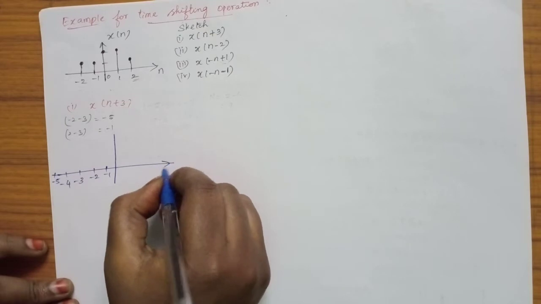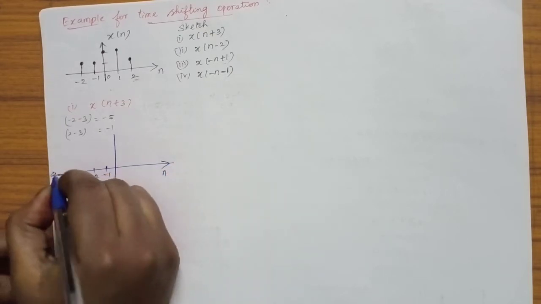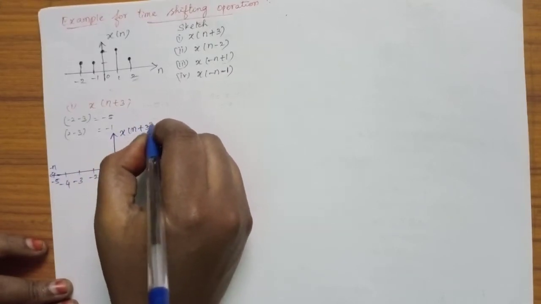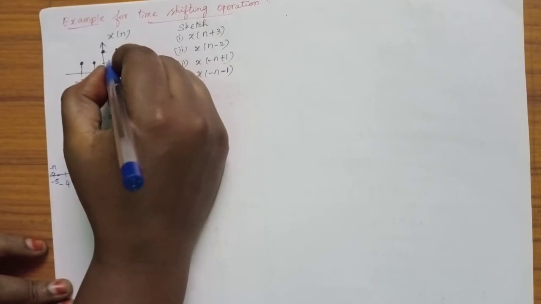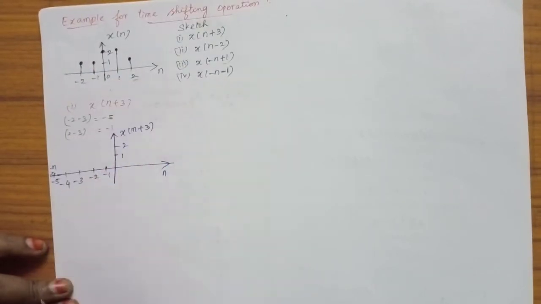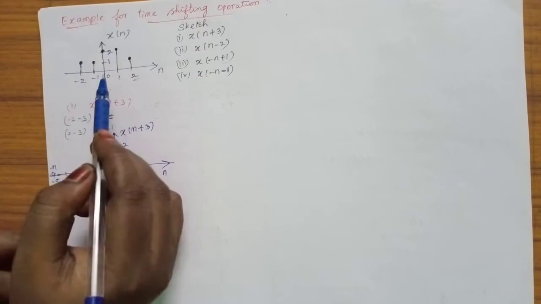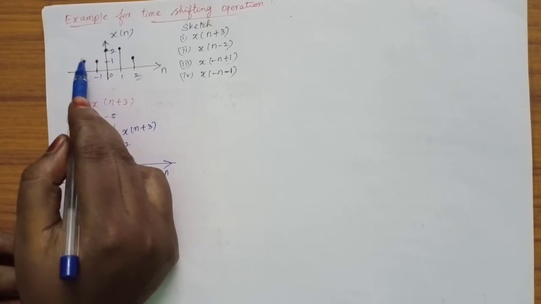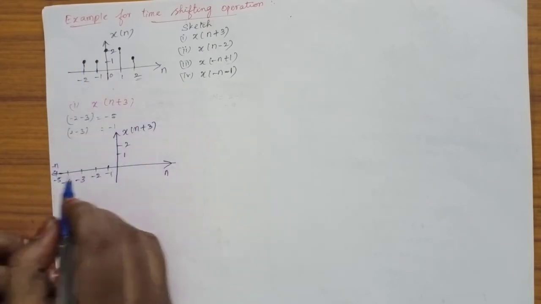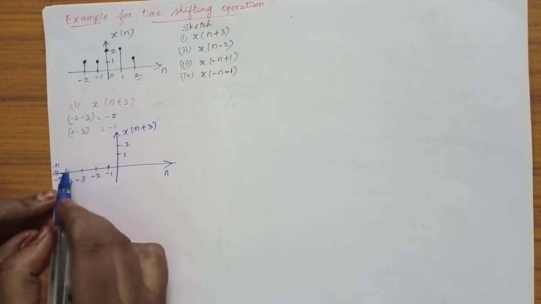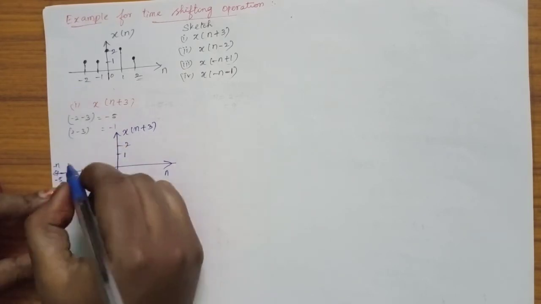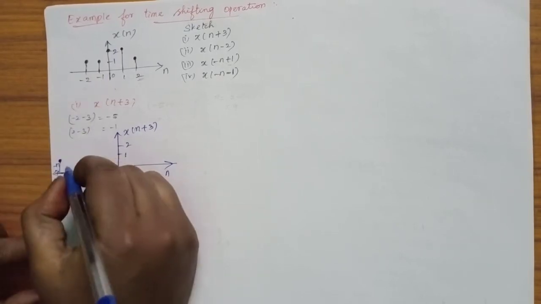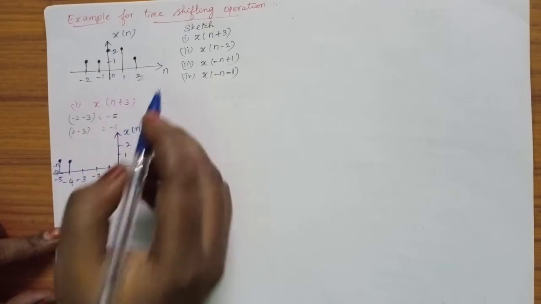Minus 5, n, x of n plus 3, amplitude 1, 2. This signal I am going to shift towards the left side. The signal present at minus 2 will move to minus 5. So at minus 5 the value is 1, and at 0 and 1 the value is 2.